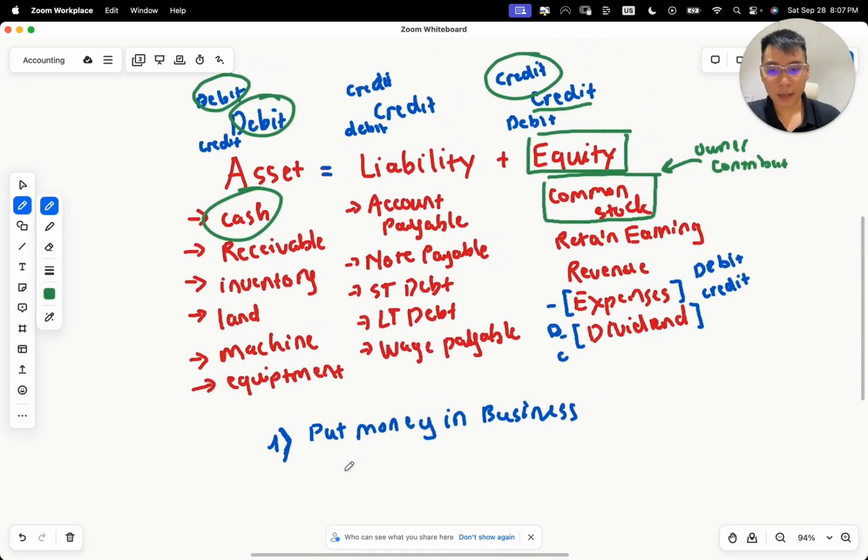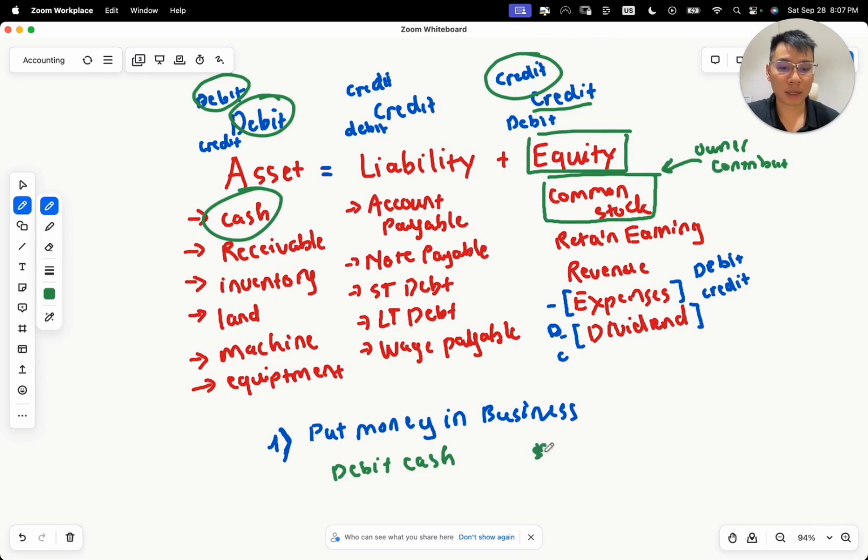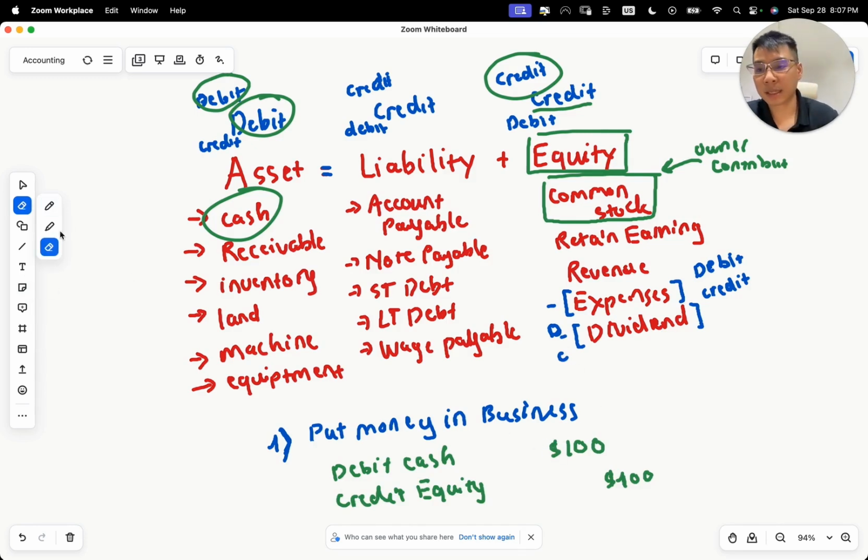I have to debit cash, and I'm going to put the money amount here. So let's say I put around $100, and then I credit equity. Let's keep this simple: $100 on the asset, $100 on the equity. This is the debit side and this is the credit side. So that's how you complete an accounting journal entry.